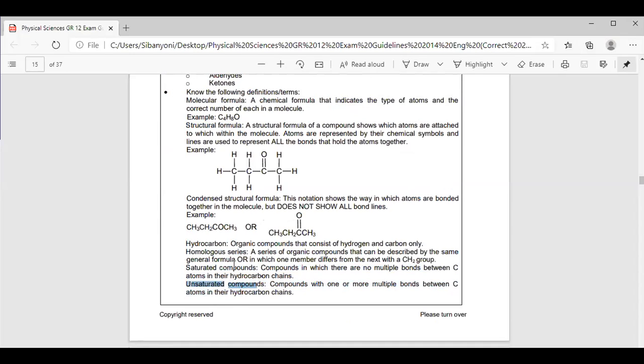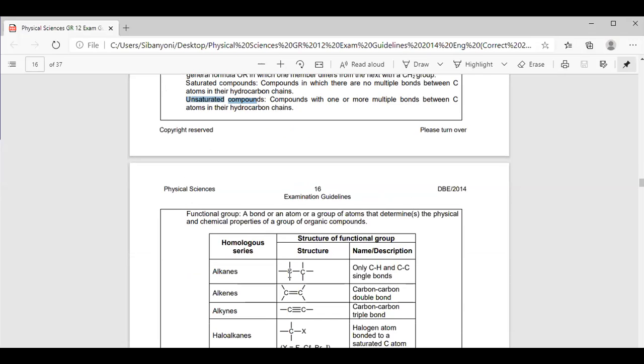And with this as well, my dear learners, saturated compound and unsaturated compound, you must know how to define, and you must also be able to identify an organic compound as saturated or unsaturated when you are given a variety of organic molecules. So you must be able to talk about that.